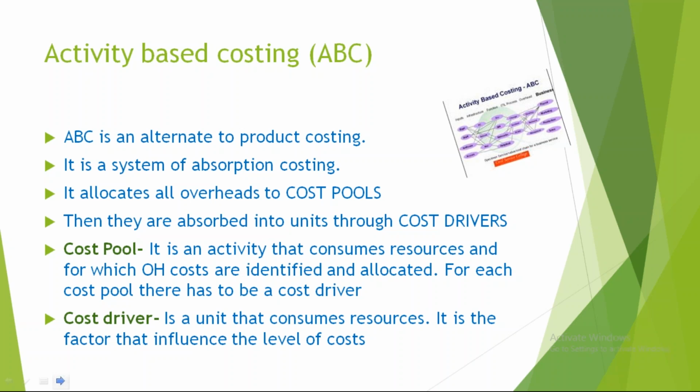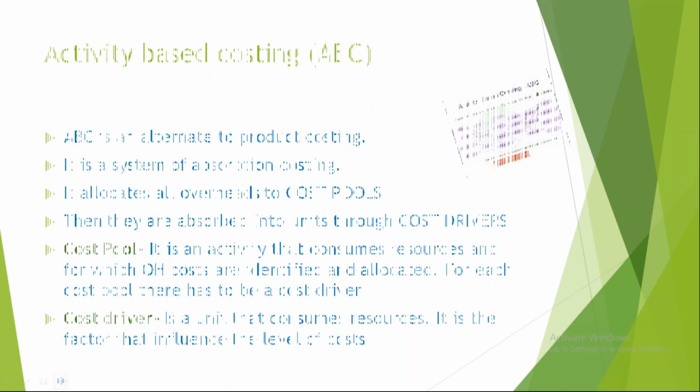So sometimes the examiner might give you certain activities and ask you what should be the ideal cost driver. Not very easy, right? Sometimes very easy, sometimes not very easy. We need to have a lot of intelligence, experience and knowledge to identify the cost driver.